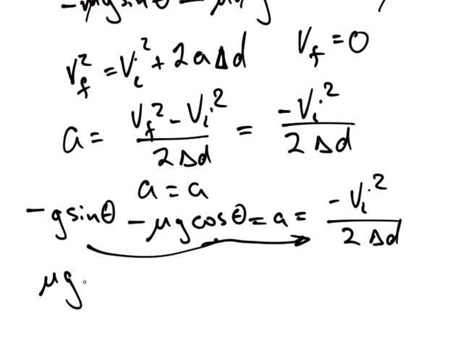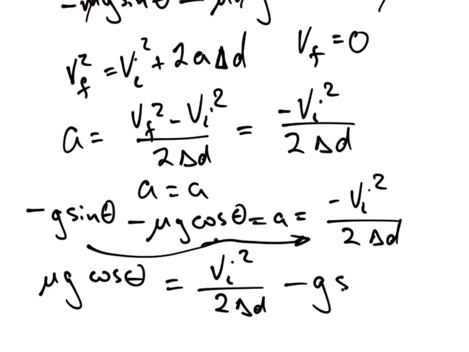Now, basically, we can solve for mu. All we have to do is isolate this term, and we're done. So in order to do that, let's multiply everything by -1, so we'll get positives. And let's take this term and take it to the other side. So in fact, it'll be negative.